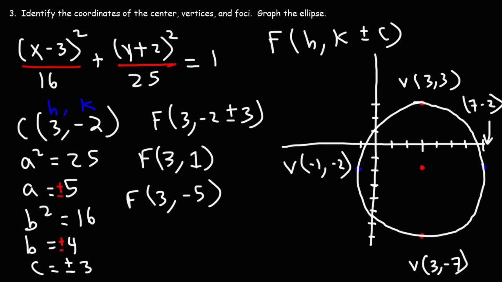So we have a focus at 3, 1, which is here, and we have another one at 3, negative 5, which is here. So technically what we need to do is, starting from the center, we would go up c units, or up 3 units, to get this point, 3, 1, and then we would travel down 3 units to get the other focus, which is 3, negative 5.